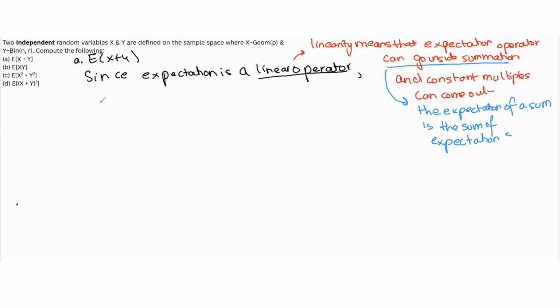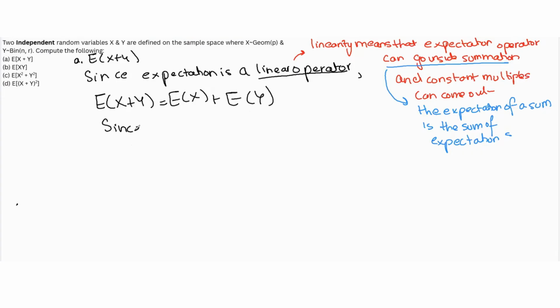So since expectation is a linear operator, we know we can write the expected value of X plus Y as the expected value of X plus the expected value of Y. Here we did not have to use the fact that they're independent, right? We'll use that in part B. Because expectation is a linear operator, regardless of whether X and Y are independent or not, we can always write the expectation of a sum as the sum of expectations. This is just by the fact that expectation is a linear operator.